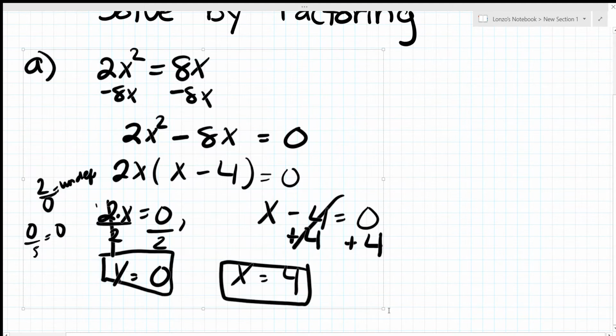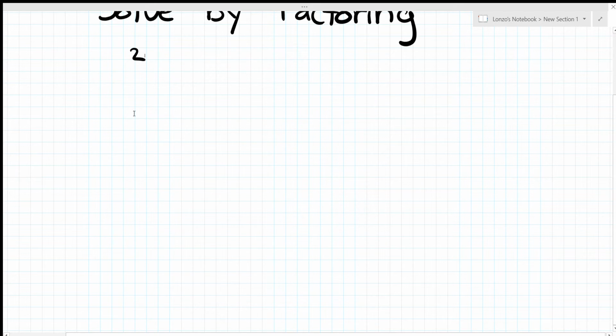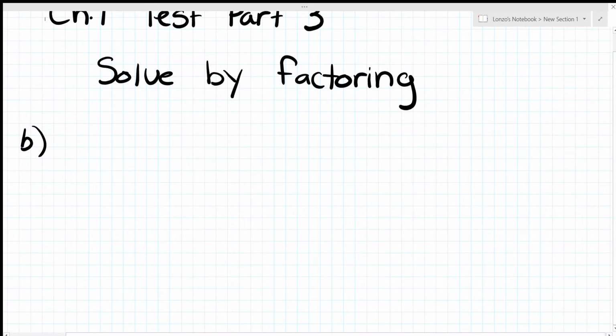Let's do part B. Part B says same idea, solve by factoring. So let's see here. We have 3w squared plus 13w equals 10, right?